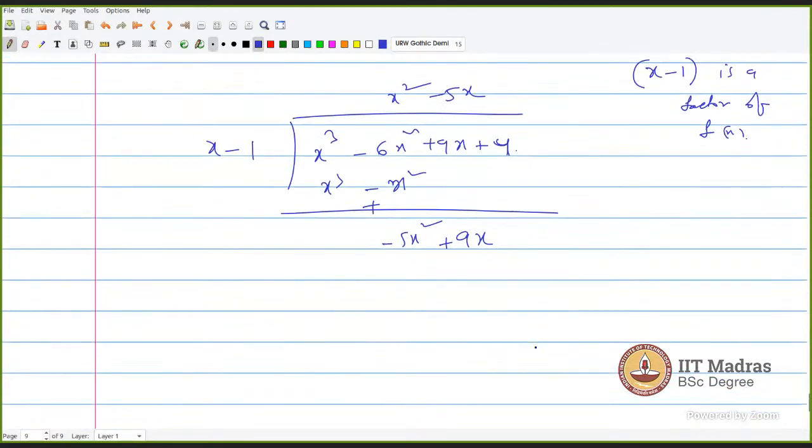Yeah, every time. It is just like subtraction. If you want to subtract this polynomial from this polynomial, it is minus of this, so you will automatically get it. So this is plus 5x, minus 4x plus 4.